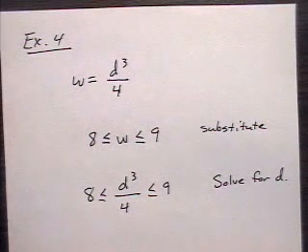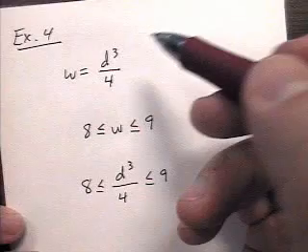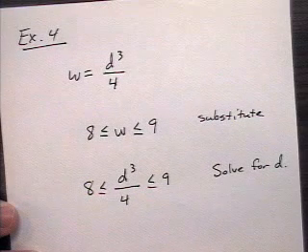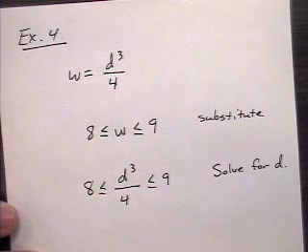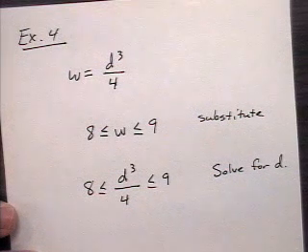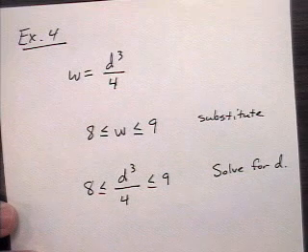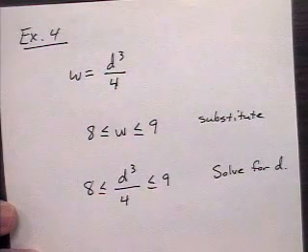The weight of an orange is related to its diameter by the formula W equals D to the 3rd over 4, right there. Where D is the diameter in inches and W is the weight in ounces. Cartons can be ordered in whole inch dimensions. What size cartons should the grower order?